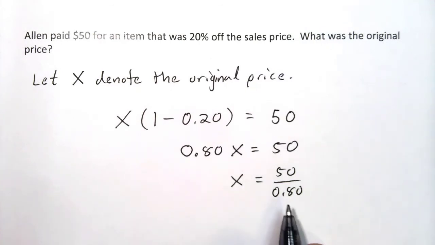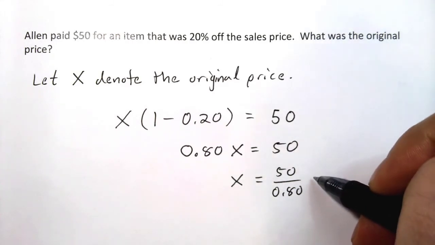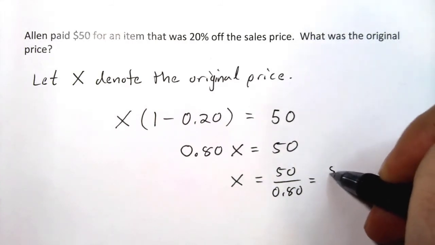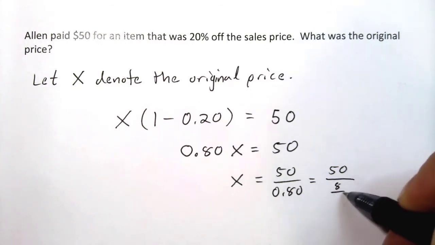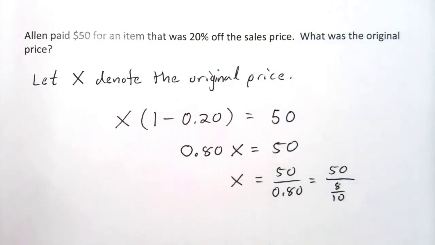Okay, maybe we don't want to use a calculator on this. You could use a calculator at this point, but I don't have one handy, so I'm going to write this as a fraction. That is 8 over 10, right? But dividing by a fraction is the same thing as multiplying by its reciprocal. So this is the same thing as 50 times 10 over 8.